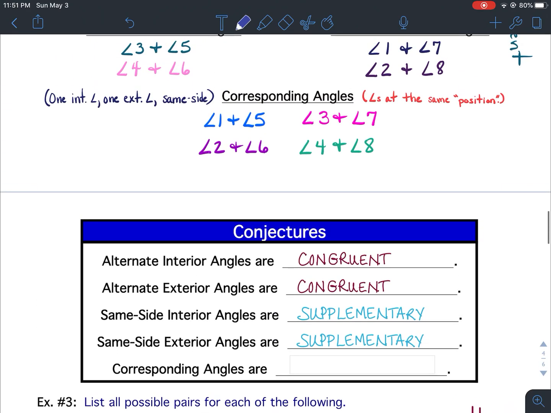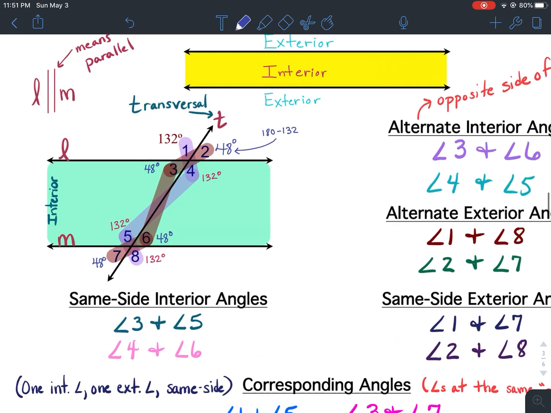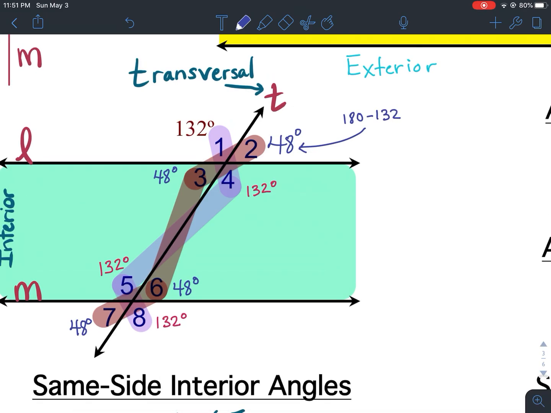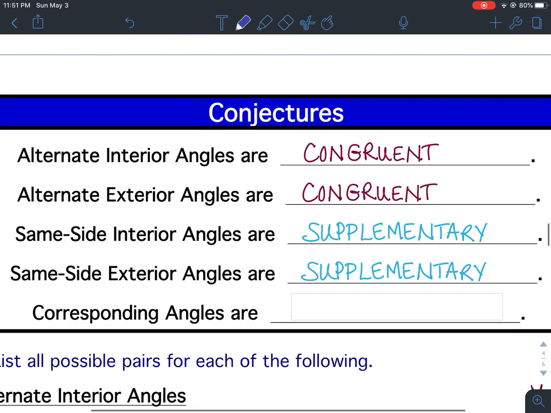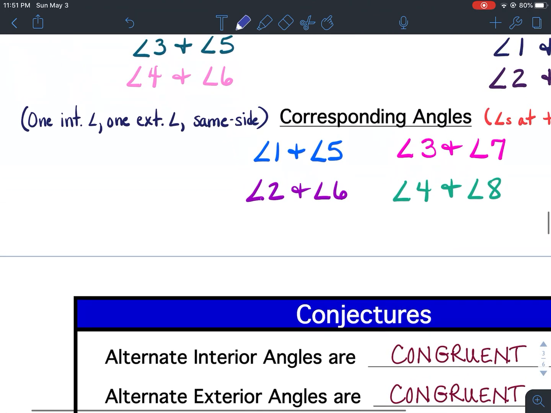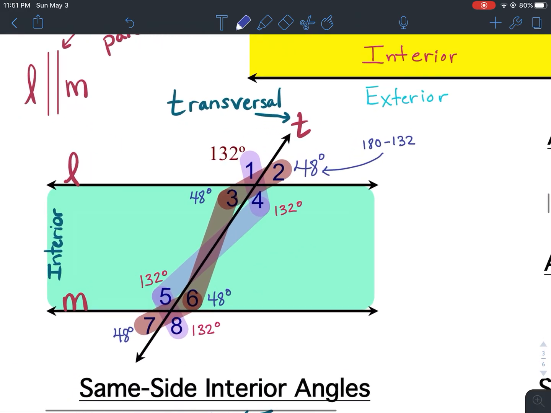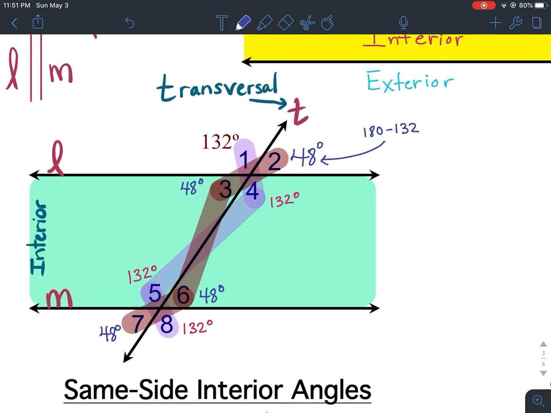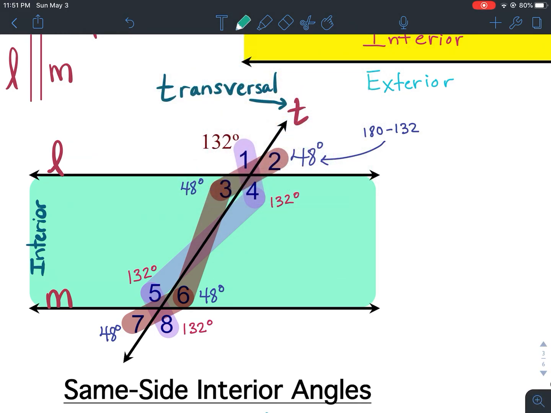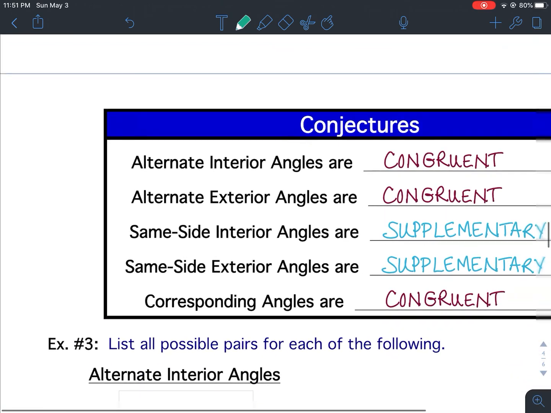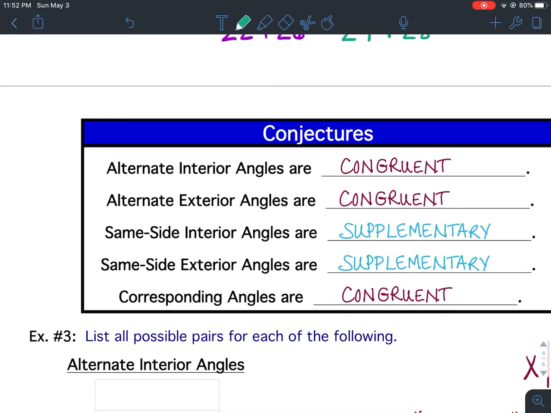And then corresponding angles. Well, let's take a look at the corresponding angles. 1 and 5 are corresponding. They're both 132. 3 and 7 are corresponding. They're both 48. So corresponding angles are congruent. All right, so take a moment, pause your video, get all of that written down.